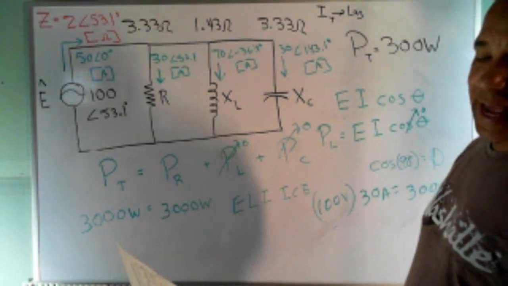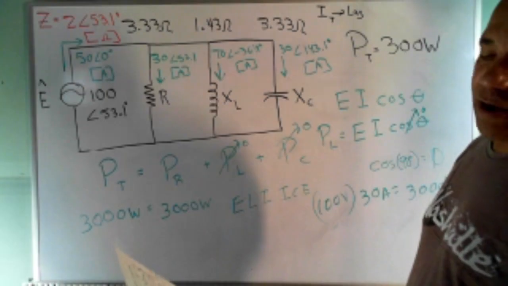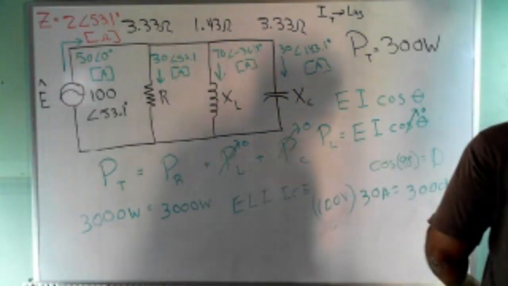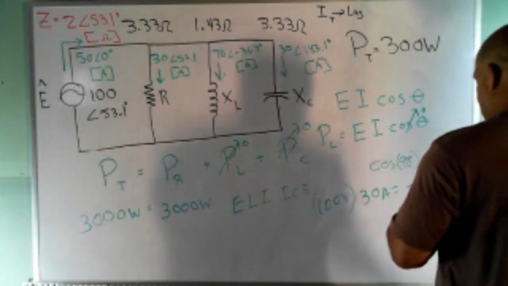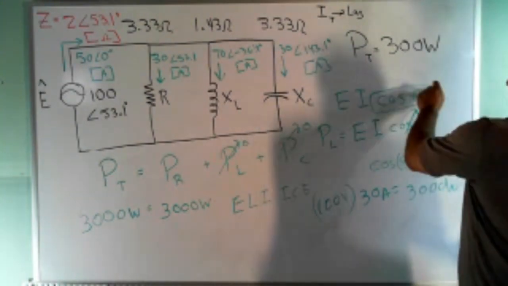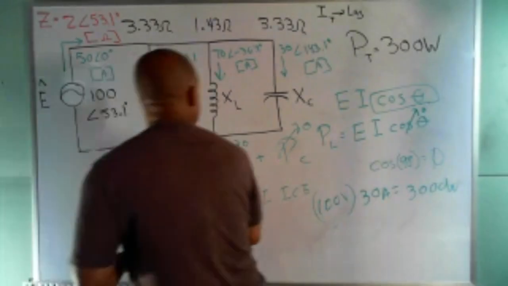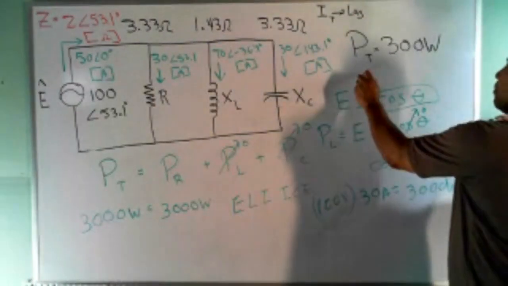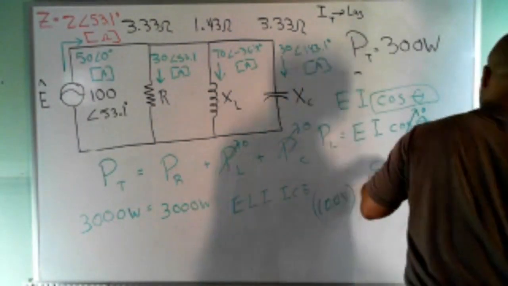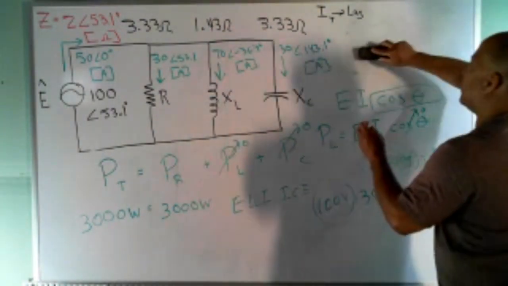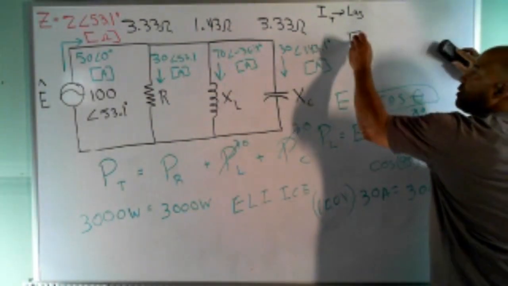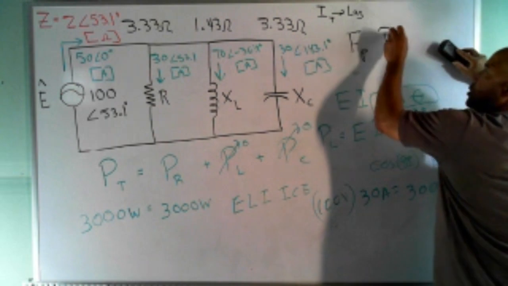And then the last thing here, they want us to show the power factor. Well, power factor is just this part right here. And we already kind of know what number it is because it's just going to be the cosine. What we said we're going to use for power factor. Some books use this. Some books use this.